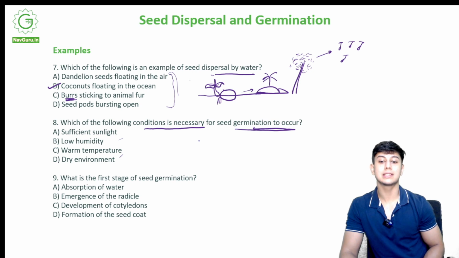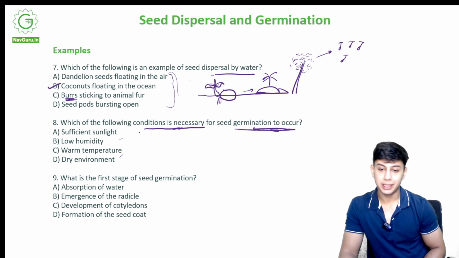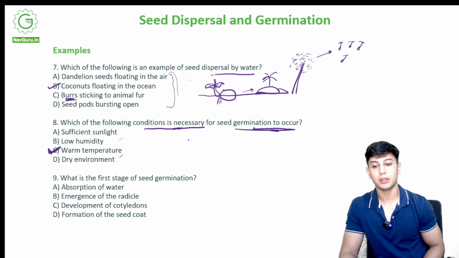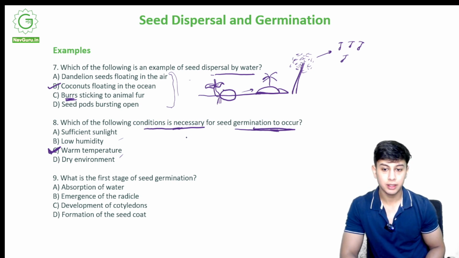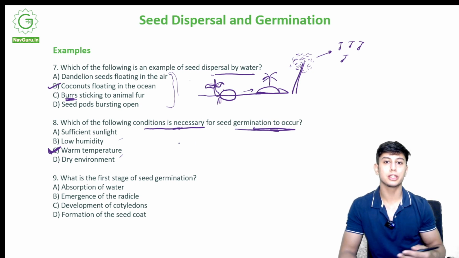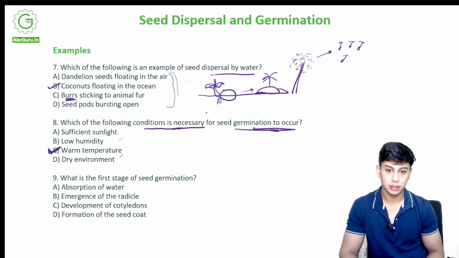Which of these is necessary for seed germination to occur? You might think it is sufficient sunlight. No, it is a warm temperature. Okay, why a warm temperature? It needs sunlight after it has developed a shoot. Okay, after it has started getting chlorophyll, right?